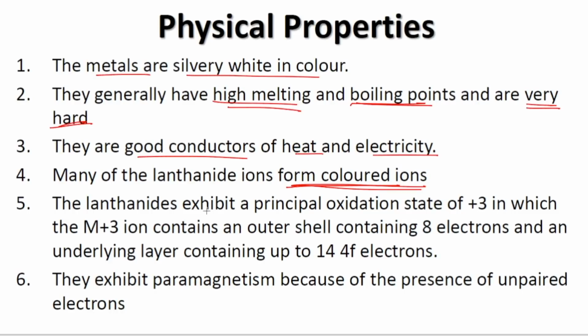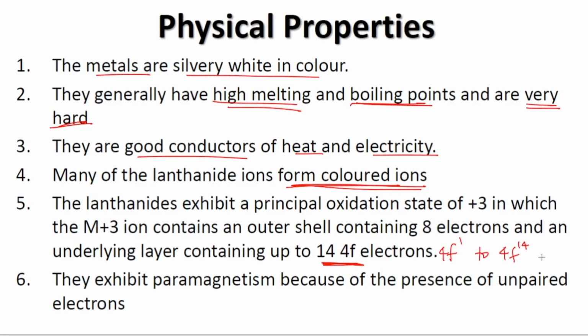The lanthanides exhibit a principal oxidation state of +3, in which the metal +3 ion contains an outer shell containing 8 electrons and an underlying layer containing up to 14 4f electrons. So the 4f orbital will have electrons from 4f1 to 4f14.